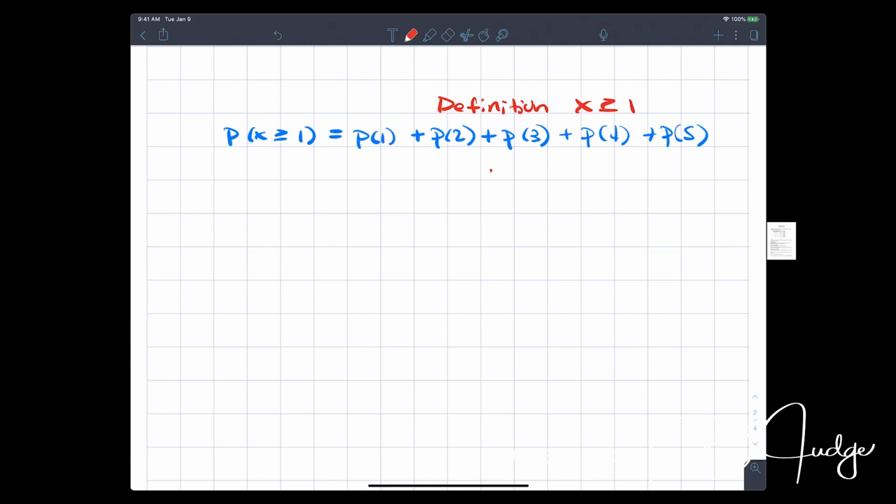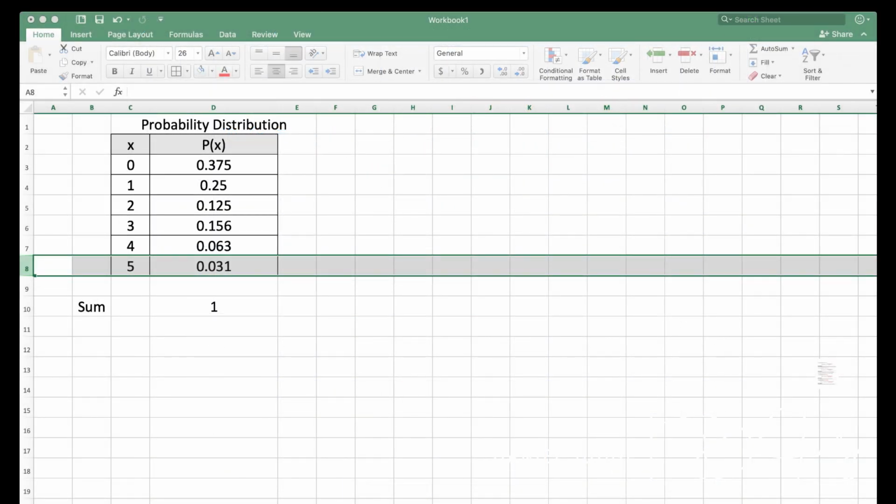All right. All we got to do is find every value here. We need P of 1, P of 2, P of 3, P of 4, and P of 5. We need those values. And I'm going to ask you guys this question. Where do you find every one of those values? Well, we can go where? Let's go to Excel.